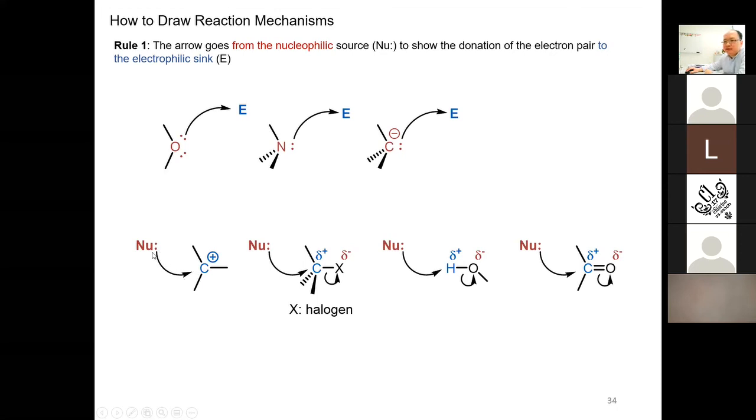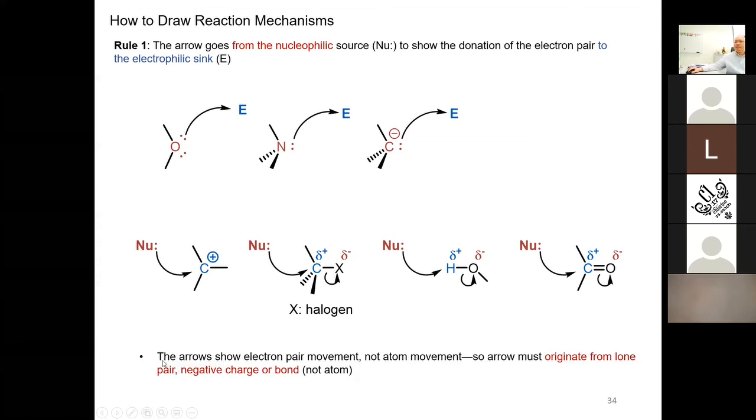It can, using the arrow, go to the carbon. The nucleophile can go to the partial positive carbon, and this bond breaks to give electrons to this partial negative carbon, the X. The nucleophile can also extract a proton, and the electrons of this OH bond go back to the O. And the nucleophile can also attack a carbonyl compound, forming a bond to the carbon. The electrons go to the partially negative oxygen.